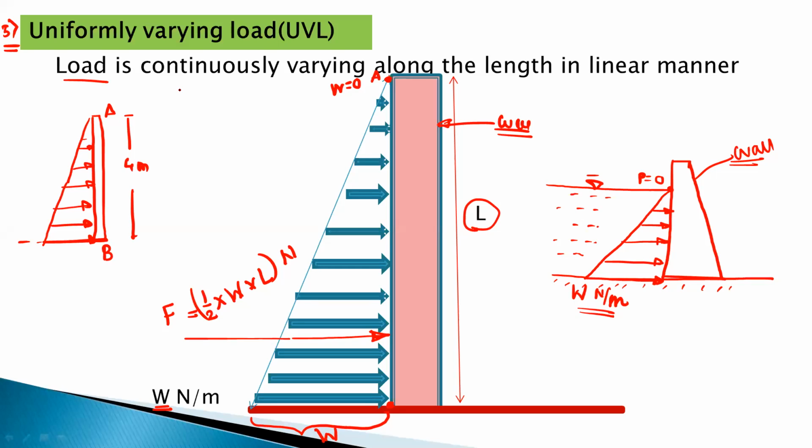Okay. So maximum intensity, suppose W, is equal to 10 Newton per meter. And this is the 0. So we can convert this load into a single point load.